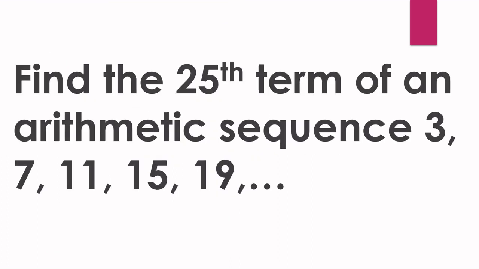This time, we are going to find the 25th term of the arithmetic sequence 3, 7, 11, 15, 19. The common difference of this arithmetic sequence is 4. How did we get that? We simply subtract 7 minus 3, that is 4.